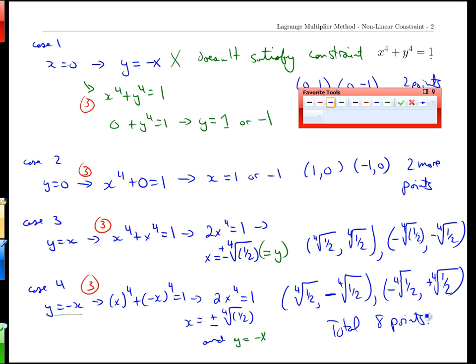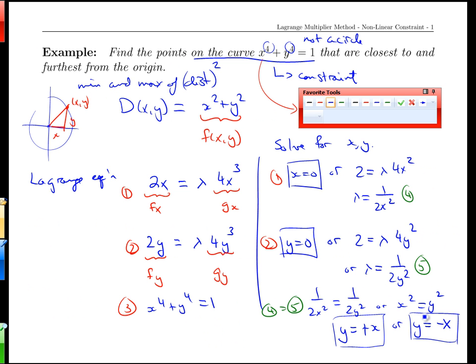Whew! All right, so let's regroup. Let's just quickly recap what we just did. We had a function that we wanted to optimize, distance to the origin squared. We had a constraint. We're only allowed to pick points that lie on this curve, x to the 4 plus y to the 4 equals 1.